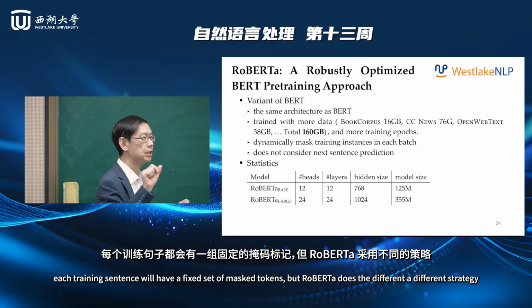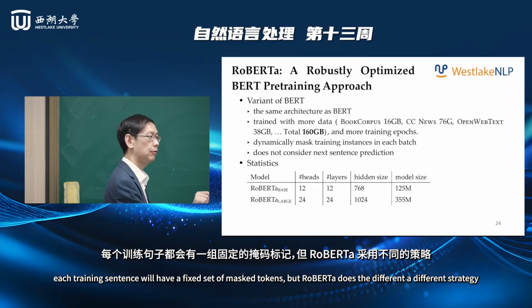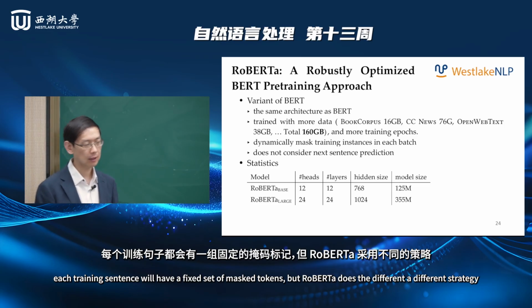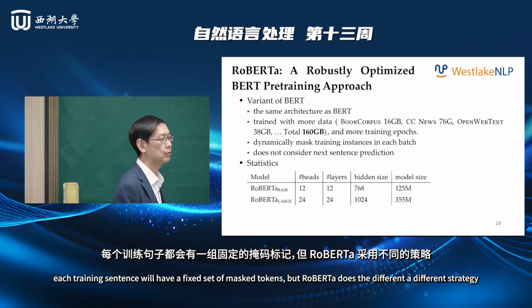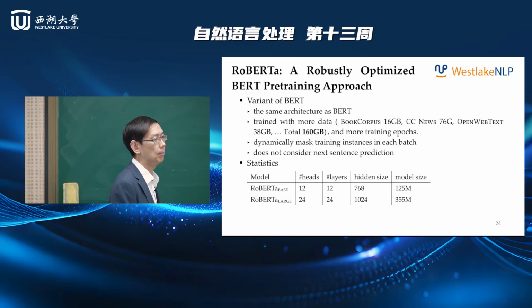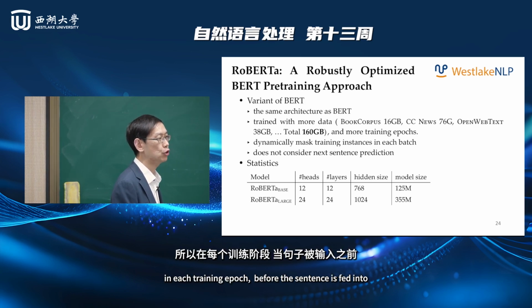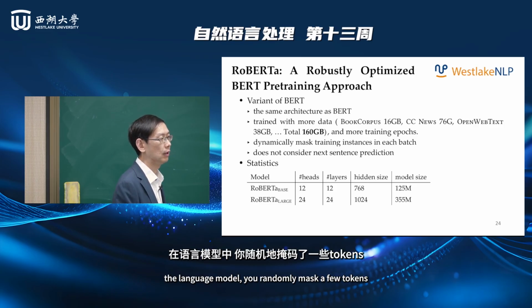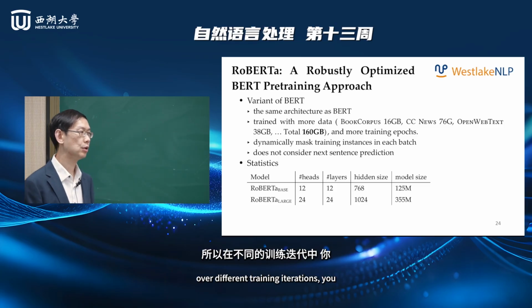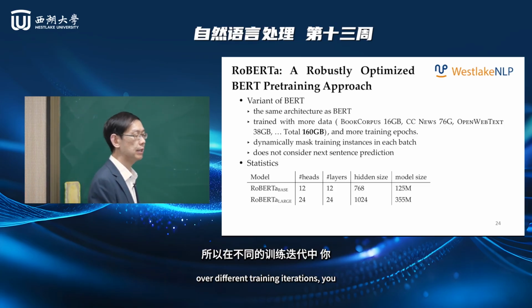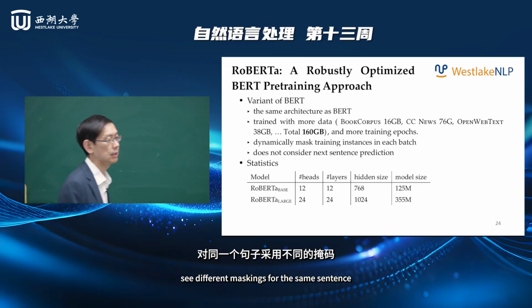Okay, so each training sentence will have a fixed set of mask tokens. But Roberta takes a different strategy by dynamically doing the masking. So in each training epoch, before the sentence is fed into the language model, you randomly mask a few tokens. So over different training iterations, you see different maskings for the same sentence.